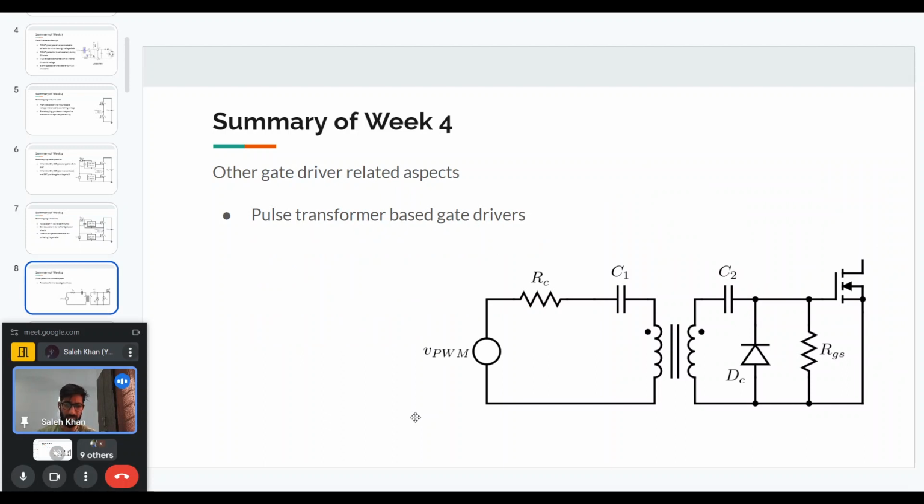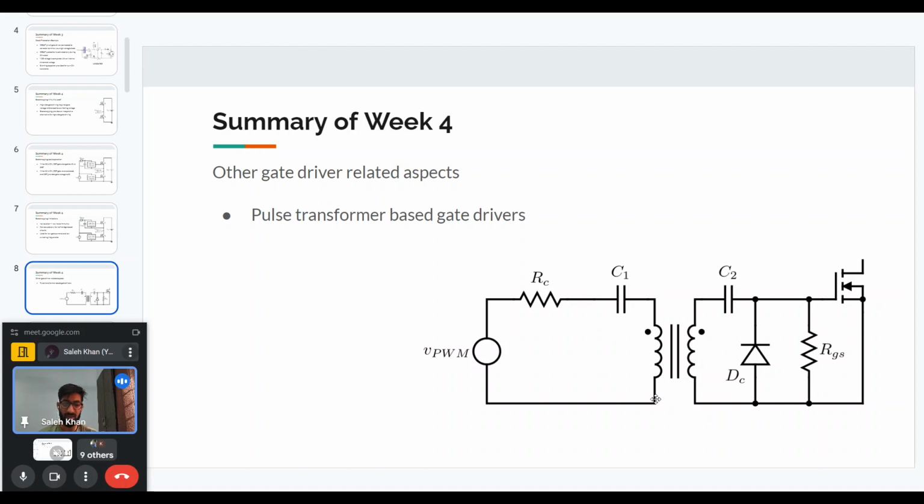One is pulse transformer based gate drivers. Here, instead of using an optocoupler to isolate between the controller output PWM and the gate supply, we can use a very small transformer. The reason it's called a pulse transformer is because the input and output of this transformer are pulsed PWM signals.